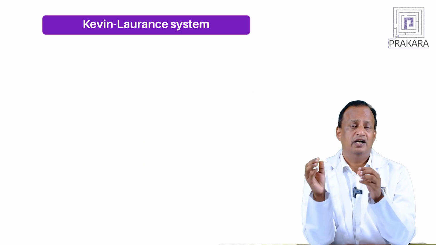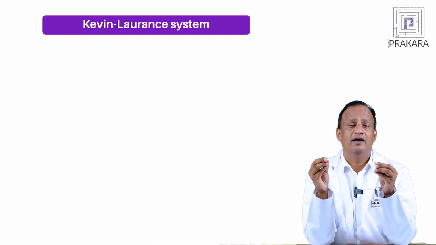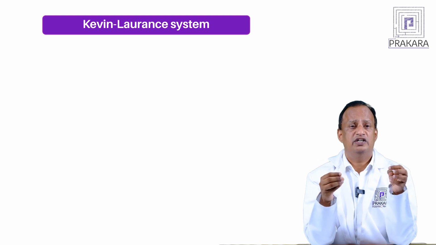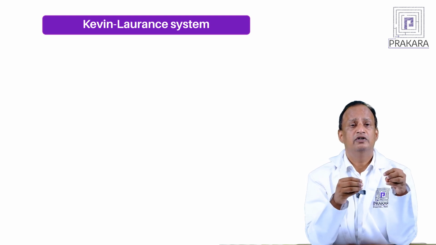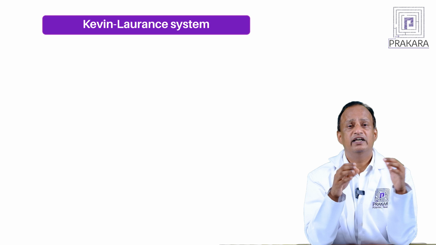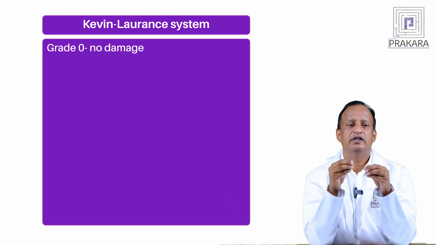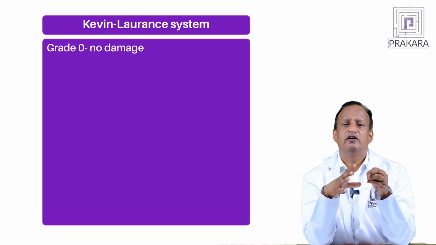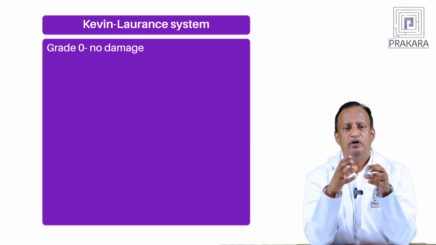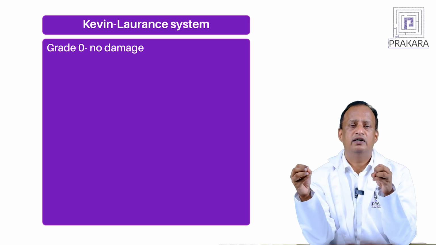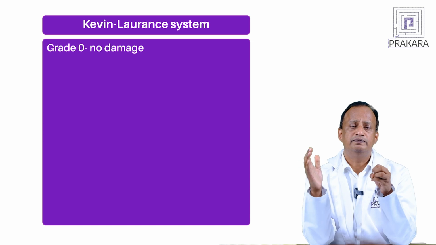There is the Kellgren-Lawrence system that will tell us how much joint destruction has taken place in the joint. So it has a grading for that, right. First is grade 0, where there is no articular cartilage damage or osteoarthritic changes in the joint.